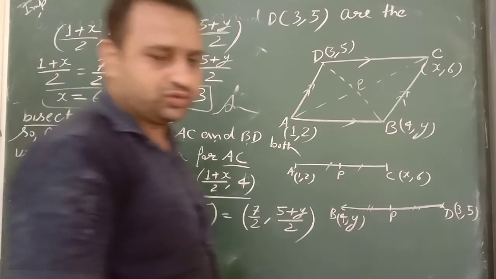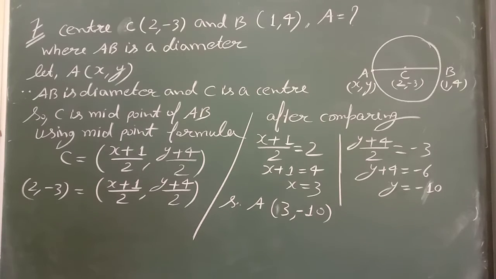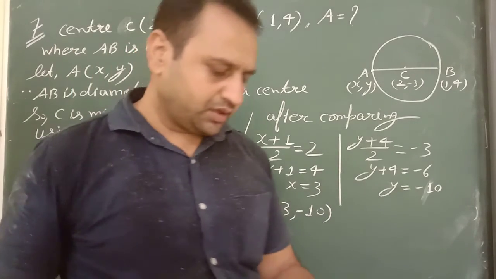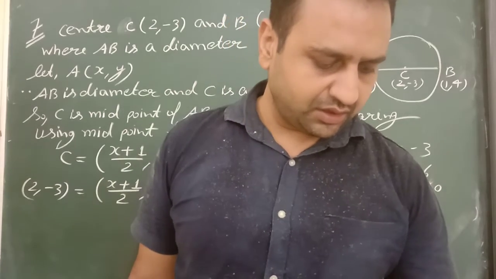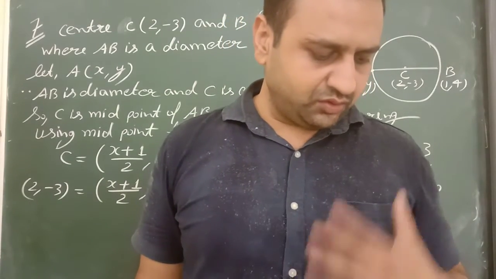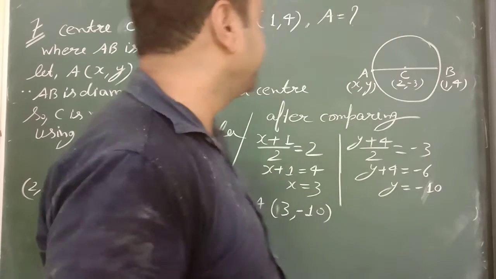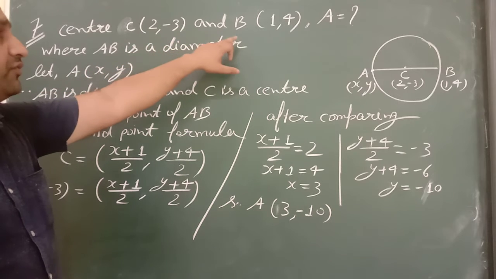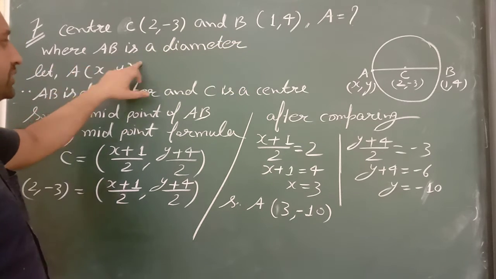I hope you understood. Note down it. Okay students, now we have to do question number 7. Find the coordinates of the point A where AB is the diameter of the circle whose center is (2, -3) and B is (1, 4). The center is (2, -3), B is (1, 4), and we have to find A, where AB is a diameter.